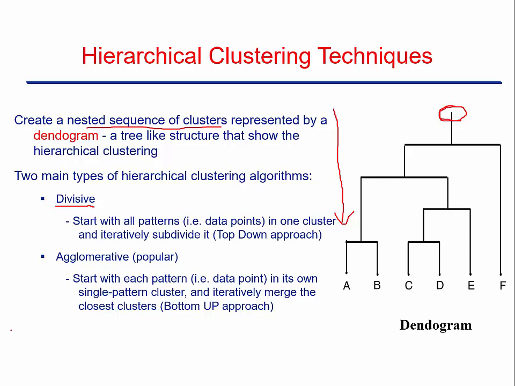But a more popular one is agglomerative clustering, which starts with each data point. So we will put each data point into a single-point cluster and iteratively merge the closest clusters into one, and we will further merge the closest clusters into one.